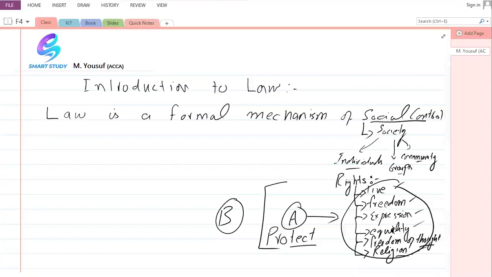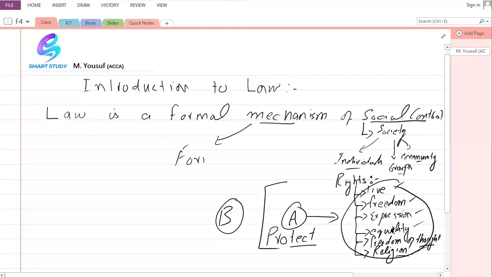The important point here is that social control means we have to control the society. How are we going to control the society so that no one can violate the rights of another person? We can achieve this through a mechanism, and that mechanism can be formal or informal.